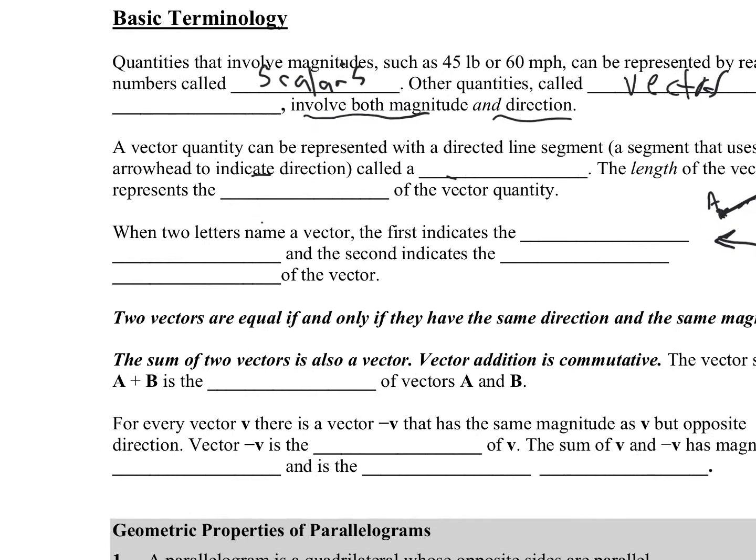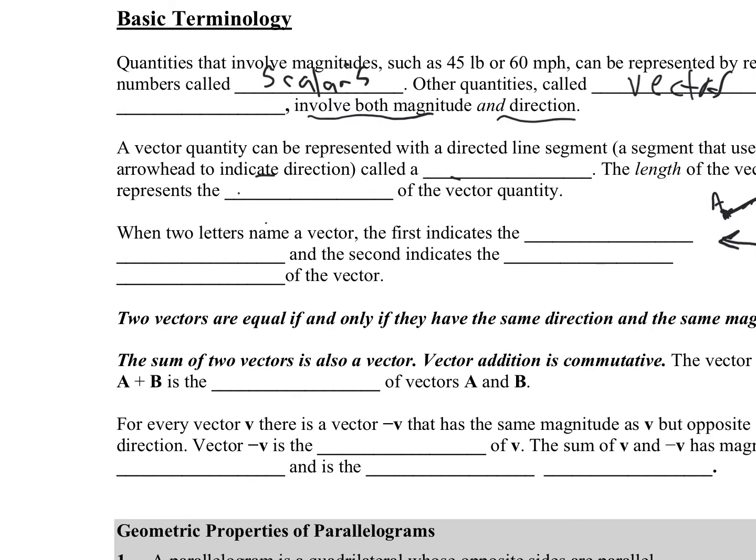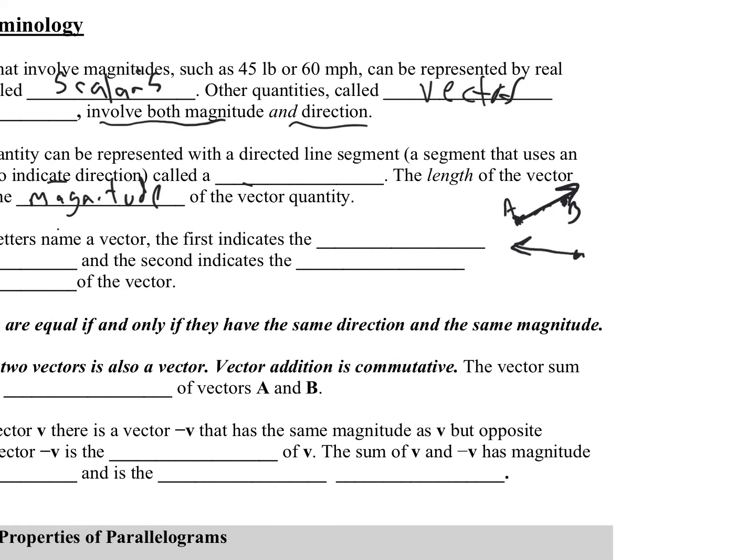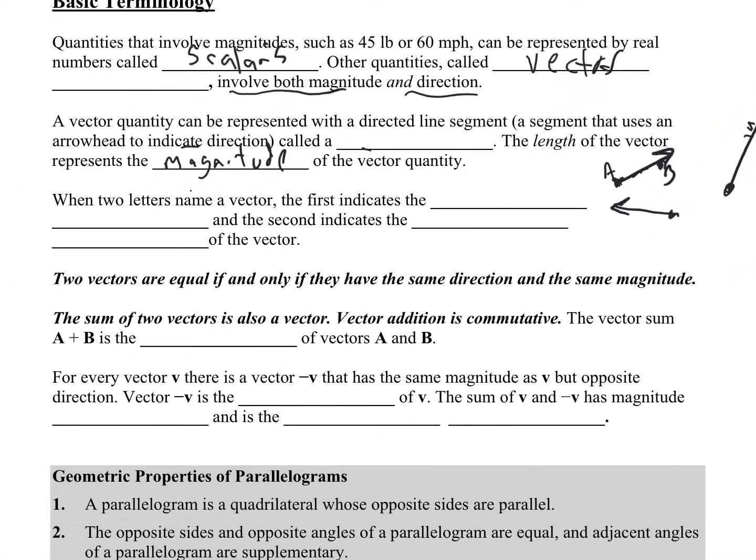The length of the vector represents this one I know, magnitude. How long is that vector? That magnitude is longer than that magnitude. So the magnitude is larger than this magnitude because it's longer.